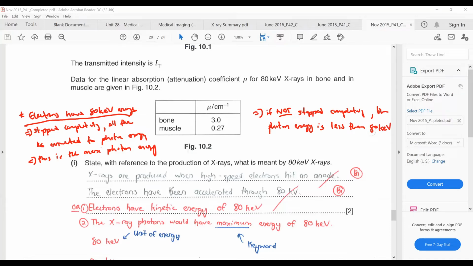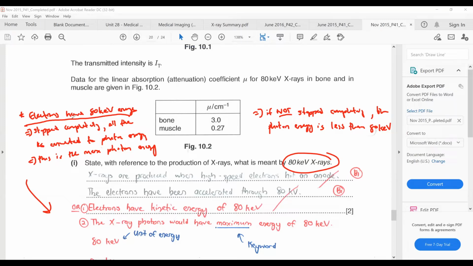Okay. So this one is in addition to this for you to understand what we mean by this. I just now told you that your X-rays have 80 keV energy, right? This one only refers to the ones where the electrons were stopped completely. This is the max energy.